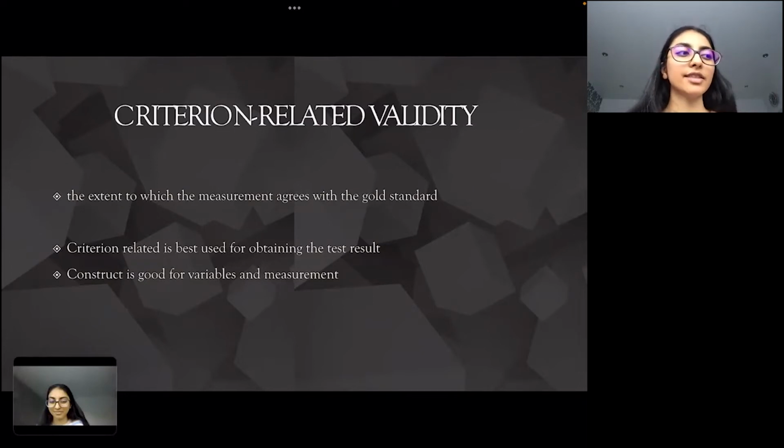So that can be something to think about. Criterion-related is best used for obtaining the test result, and construct is good for variables and measurement. Asking the right questions means a high construct validity. Well, it can mean high construct validity. Next slide, please.